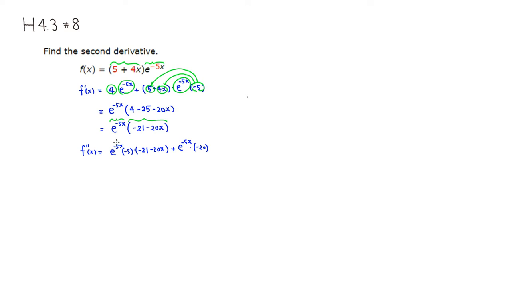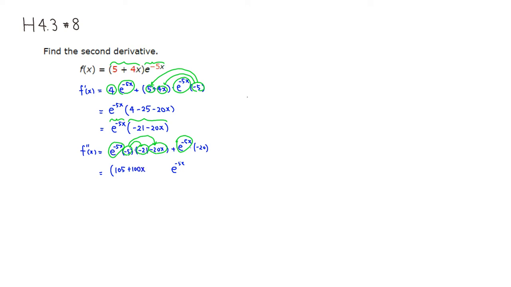Then we collect the common factor, which is negative e to the negative 5x. I'm going to put e to the negative 5x here. Then the rest of it is: negative 5 distributed to negative 21 gives positive 105, and then distributing negative 5 to negative 20x gives plus 100x.